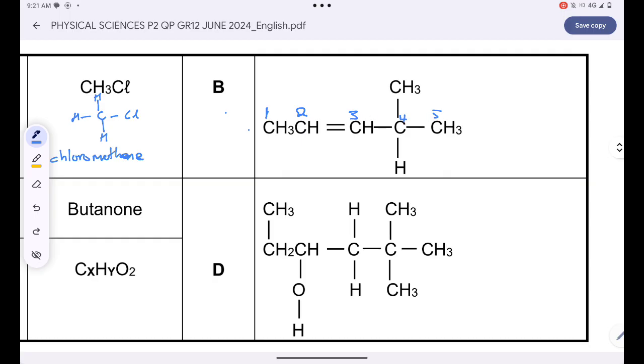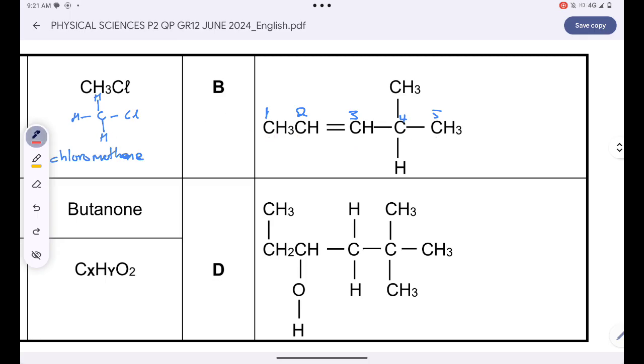But if I started numbering from the right hand side, I would also say carbon number 1, 2, 3, 4 and 5. Whenever I start numbering from the right hand side, my functional group is not closer to the terminal carbon. So that's why I need to start numbering from the left hand side.